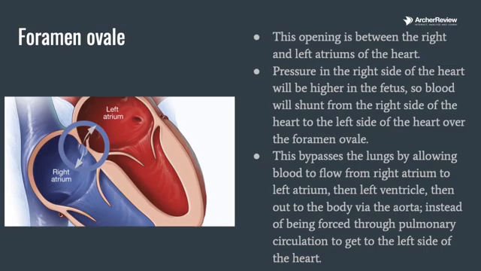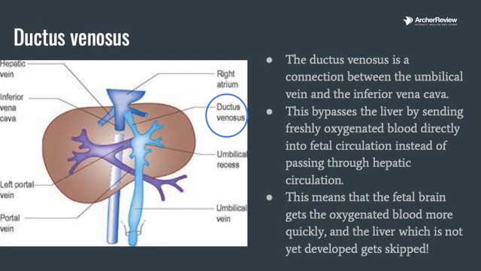We avoid pulmonary circulation, and we also need to avoid hepatic circulation. We do that with our third and final bypass, the ductus venosus. This is very simply a connection between the umbilical vein, how the fetus receives its blood, and the fetus's inferior vena cava, their IVC. This means that we skip hepatic circulation immediately.